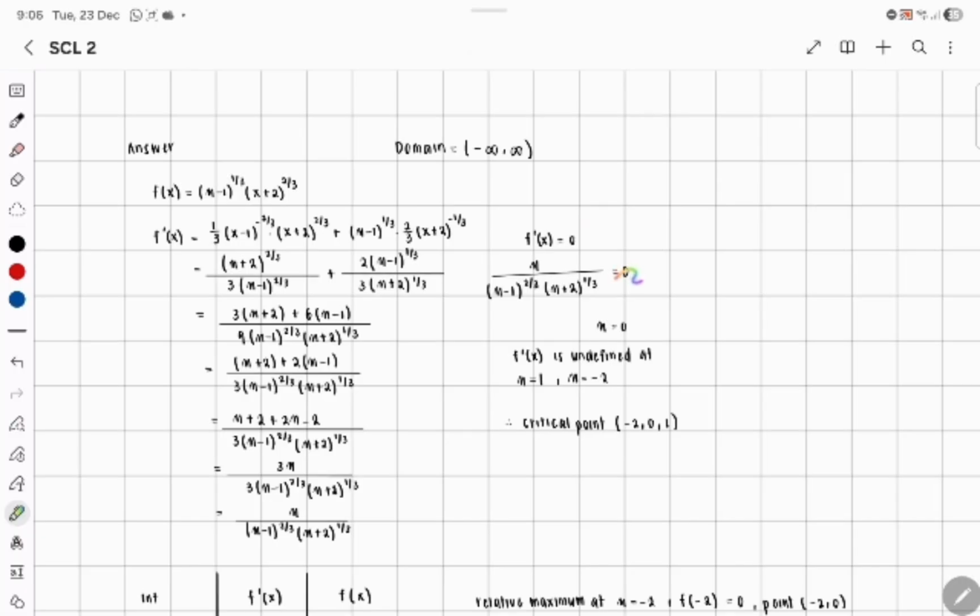Looking at the numerator, we get x equal to 0. We can also say the first derivative f'(x) is undefined at x equal to 1 and x equal to -2. So the critical points that we get are -2, 0, and 1.